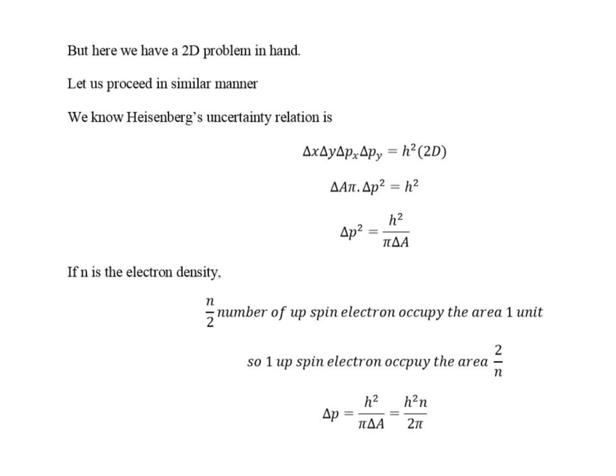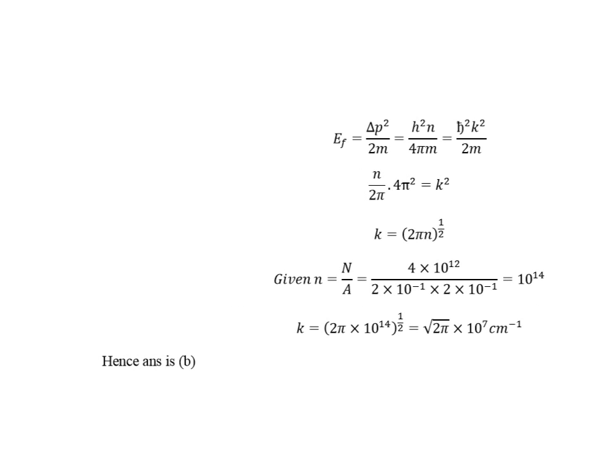So EF is equal to delta p square by 2m. Substituting, you will get h square n by 4 pi m, which is equal to h cut square k square by 2m. So we will get k square is equal to n by 2 pi into 4 pi square. So k is equal to 2 pi n raised to 1 by 2.